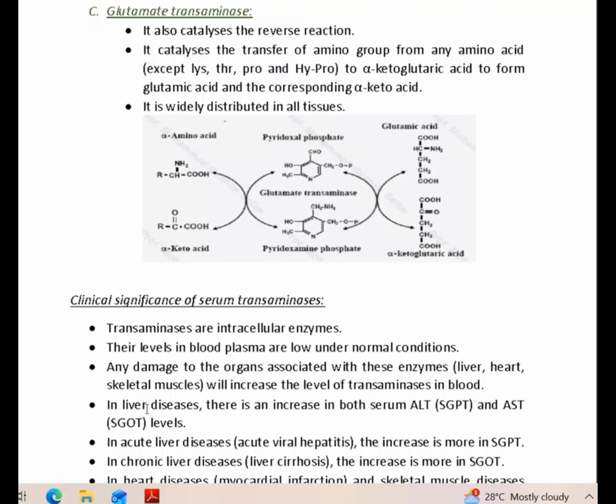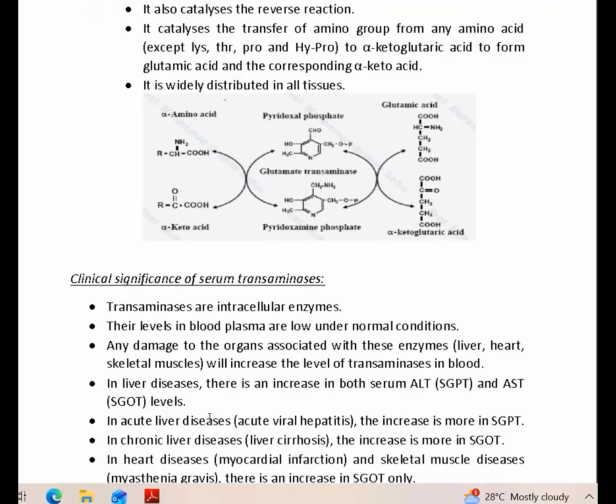So doctors can prescribe a review of the SGPT or SGOT level when the liver is not functioning properly. During acute liver disease, that is viral hepatitis, the increase is more in SGPT. In chronic liver disease, the increase is more in SGOT. And in heart disease, myocardial infarction, and skeletal muscle disease, myasthenia gravis, SGOT level also increases.